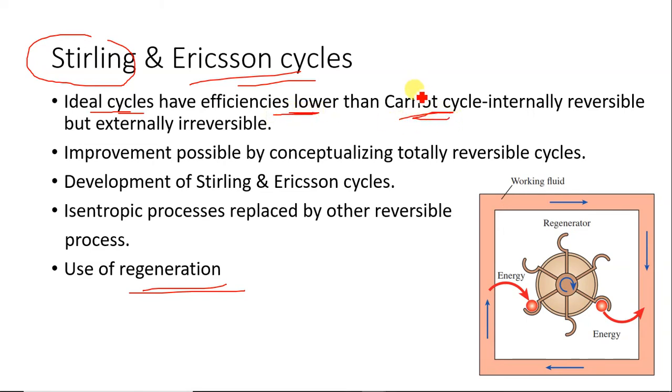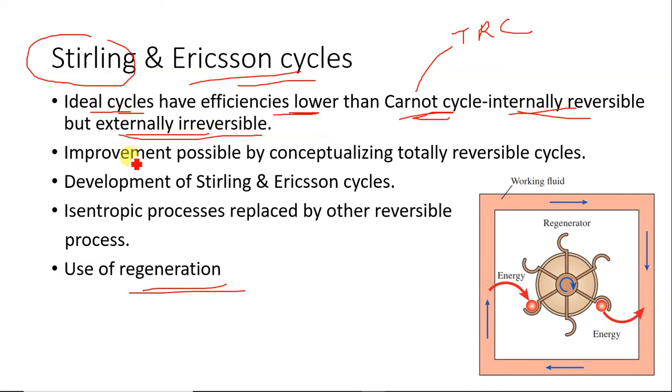Because the Carnot cycle is a totally reversible cycle, whereas the Stirling and Ericsson cycles are internally reversible, but externally they are irreversible. That is why their efficiency is lower than Carnot efficiency. And the Carnot cycle is totally reversible, meaning it is internally as well as externally reversible.